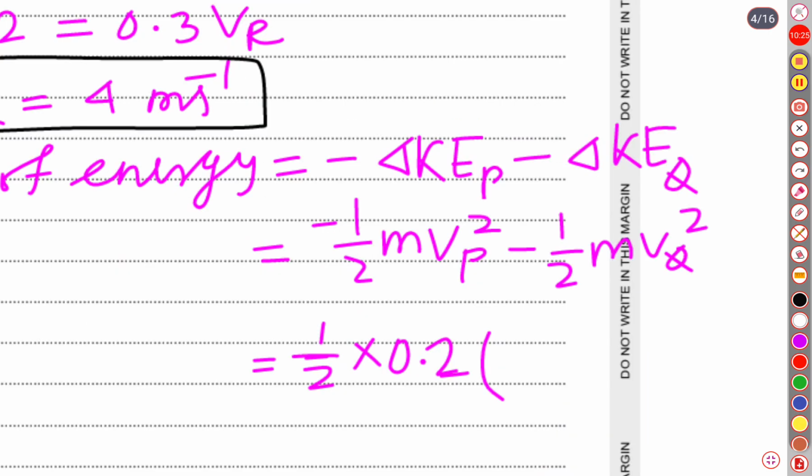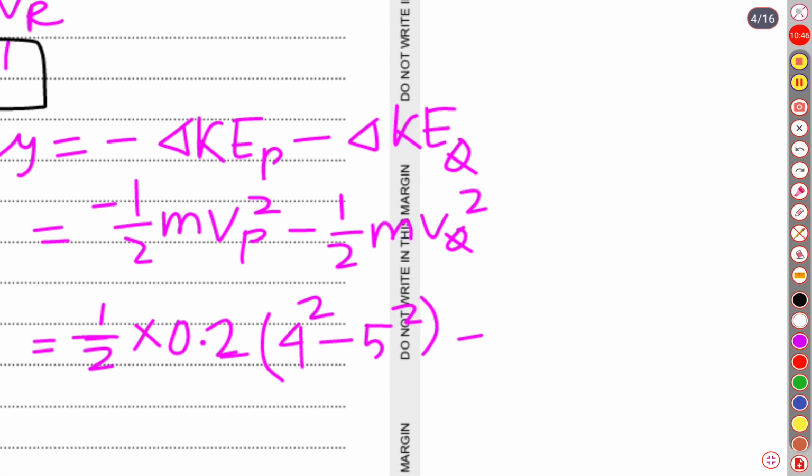Remember, v squared means actually final velocity squared minus initial velocity squared. The final velocity was 4, so 4 squared minus the initial velocity 5 squared for P. Minus, the next particle, half of the mass of particle Q, which is 0.1, and the final velocity was the same, which was 4 squared, minus the initial velocity 2 squared.